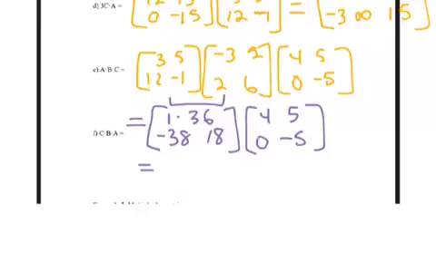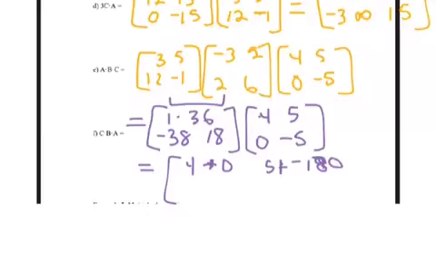Alright, so that's going to be 1 times 4 is 4, plus 36 times 0 is 0. 1 times 5 is 5, plus, excuse me, 36 times negative 5, that should be negative 180, I think.